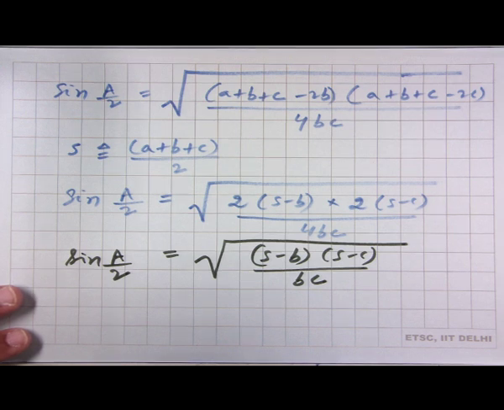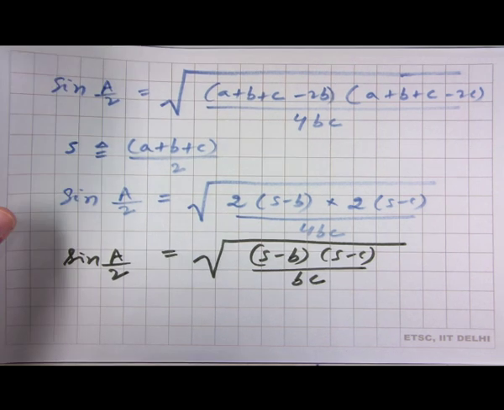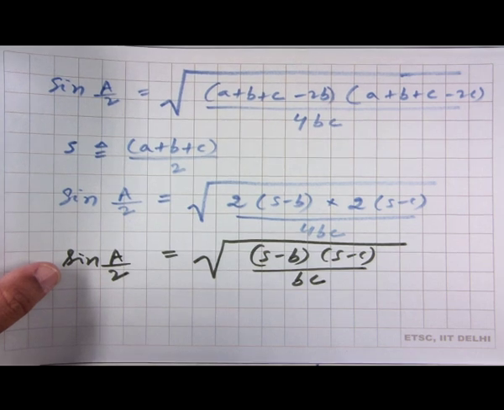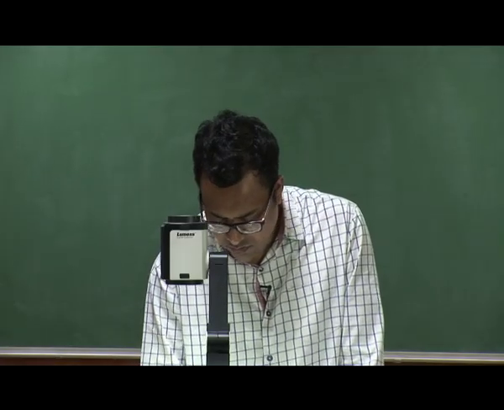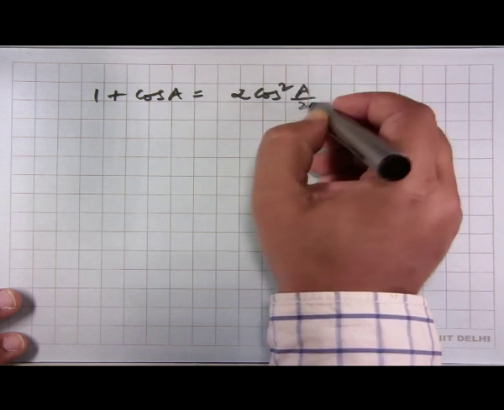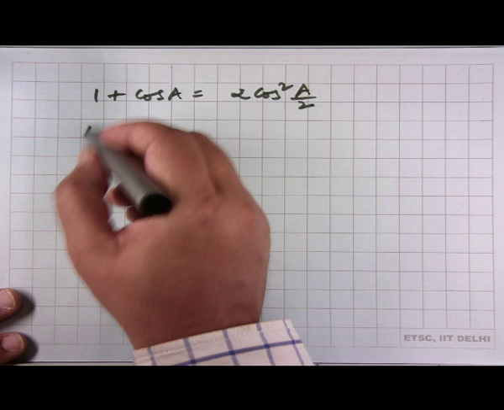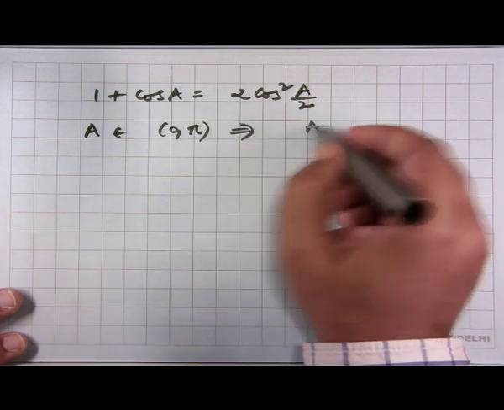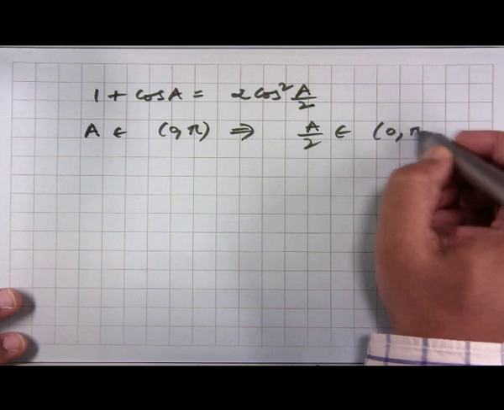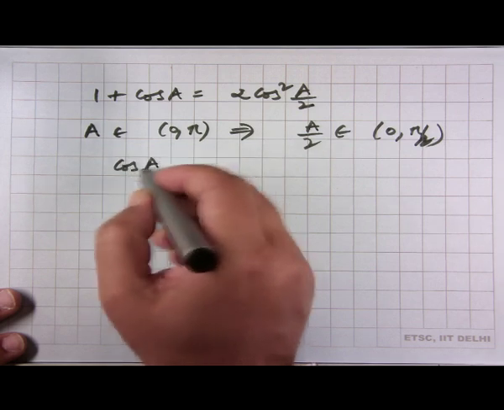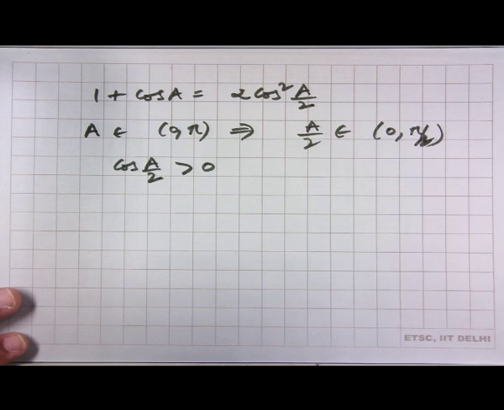In a similar manner, we will try to find an expression for the cosine of half of the angle A. So, we are interested in finding the expression for cos of A by 2. We know that 1 plus cos A is 2 cos square A over 2. We also know that since A belongs to the interval 0 to pi, it follows that A by 2 belongs to the interval 0 to pi over 2, and so cos A by 2 is always positive.